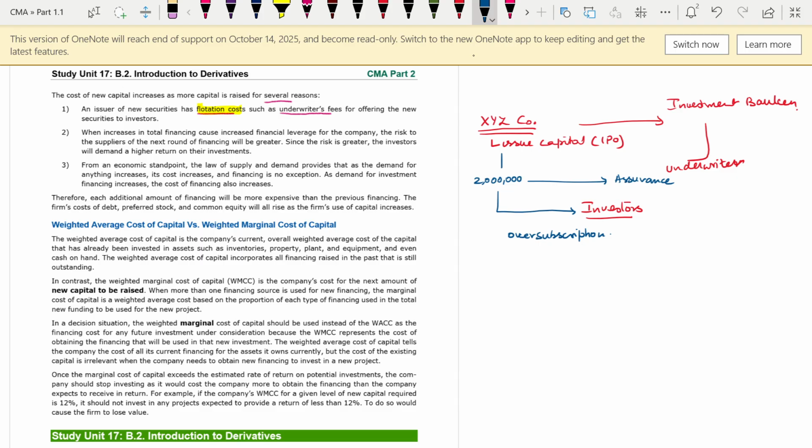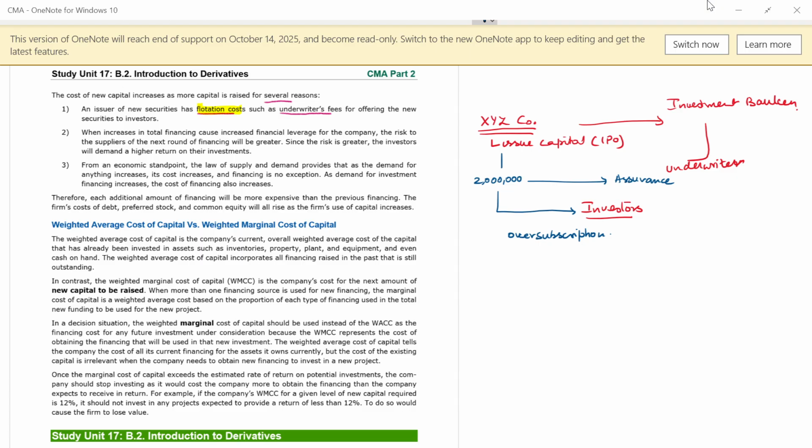For this, underwriters will charge fees. Good investment bankers will not become underwriters for each and every company. They will also see the credit profile of the company.